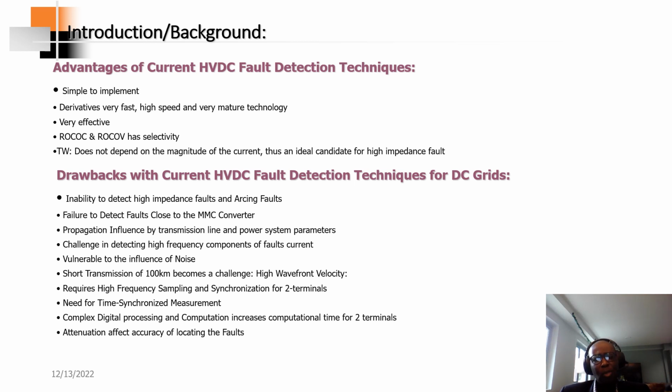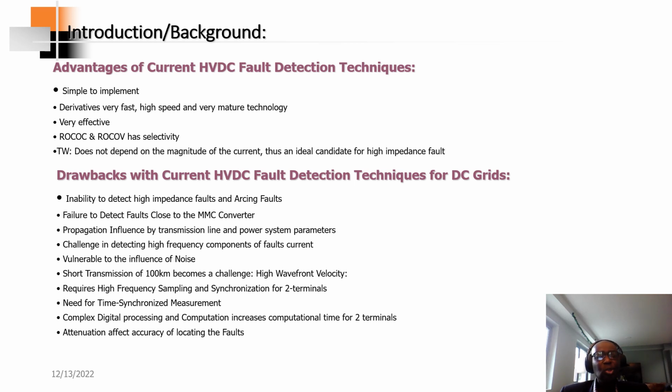As you know, when a fault occurs, it results in a traveling wave being generated by the current and the voltage signal. As this traveling wave propagates from the faulted point towards the end of each converter, the converter acts as an impedance, and it results in the traveling wave being directed back to the faulted location through reflection and refraction.